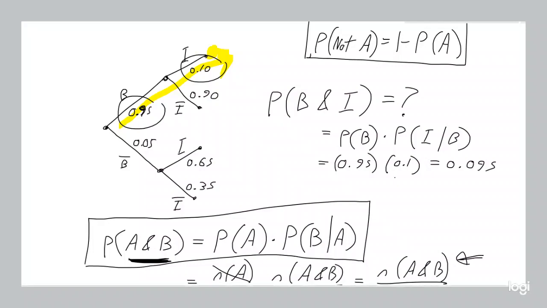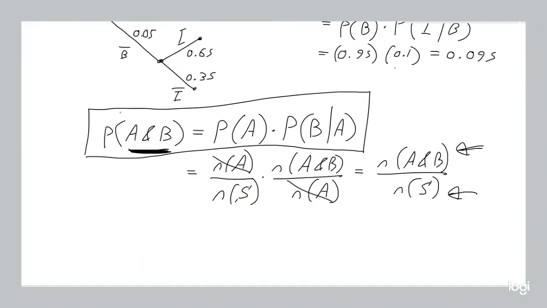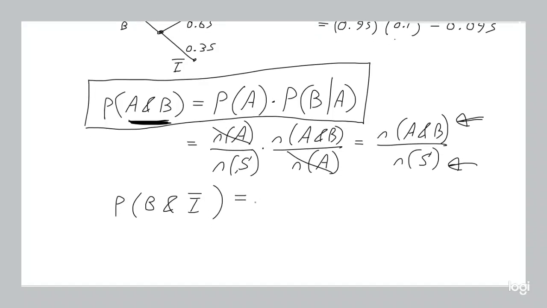And that's the case with all of our questions about the probability of something and something else. For example, let's say we want to know, what's the probability that someone's wearing a seatbelt and doesn't get injured? Well, that's going to be the probability of wearing a seatbelt multiplied by the probability of not getting injured given that you're wearing a seatbelt.